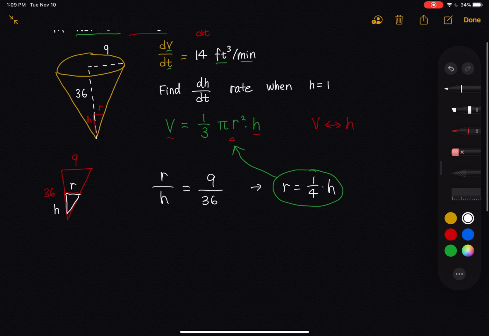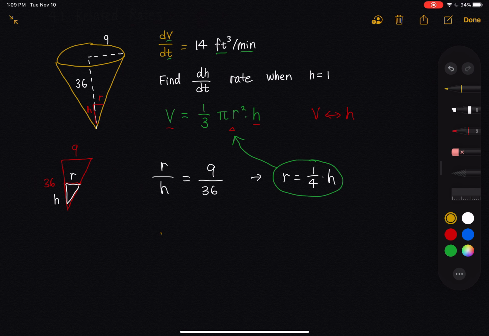We will have v equals pi over 3 times (h over 4) squared times h. Now we simplify it, we get pi over 3 times 16, which is 48, times h squared times h, which is h cubed.